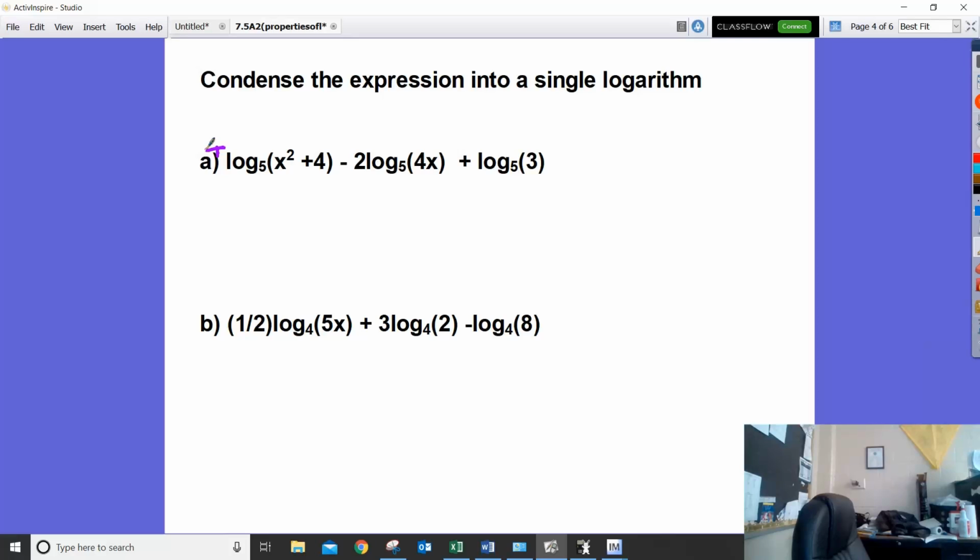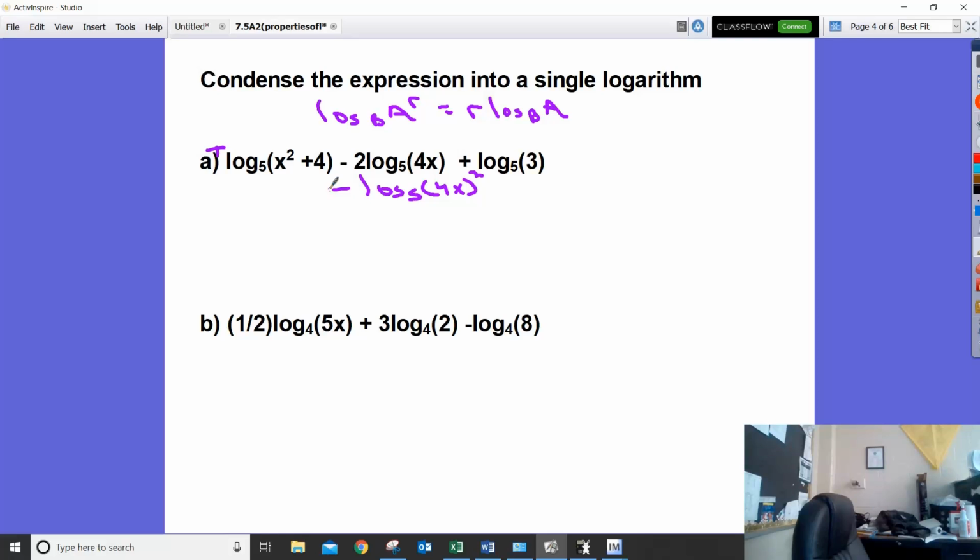Now, before I do anything, I'm going to think about a particular property. Log base b of a to the r is r log base b of a. This needs to be done first. 4x. That 2 needs to be moved up. And it's 4x all squared. Both pieces, not just one. Don't put it with just the x. So we have 2 positive logs.